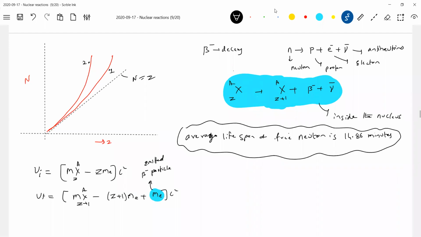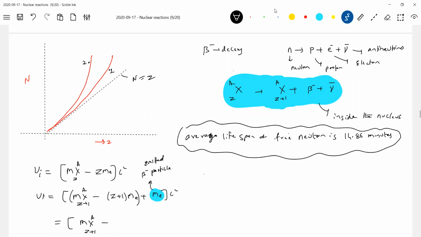So let me go on. Finally, how much will this end up as? M_X(Z+1, A) minus m_e plus m_e. I think you will agree. This is for that daughter nucleus. Okay, let it be like this, X only. This is the parent, and this is the daughter nucleus formed.